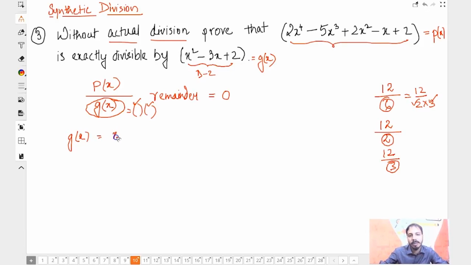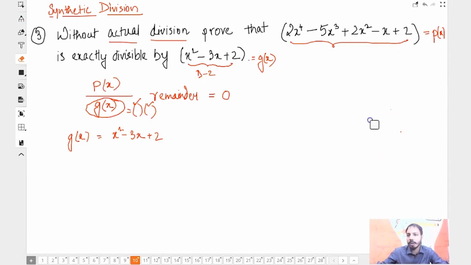So g of x is nothing but x squared minus 3x plus 2. Again we can do the same thing. How to factorize this? This is very simple. But let me try to apply this and check whether you can apply that cross multiply method which you have learned. So this is fun. 2 can be written as 2 into 1 and we need minus 3 here, that means we need to add, and here we have 1, so 1 can be written as 1 into 1.